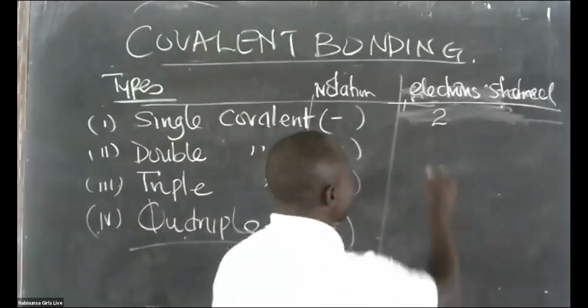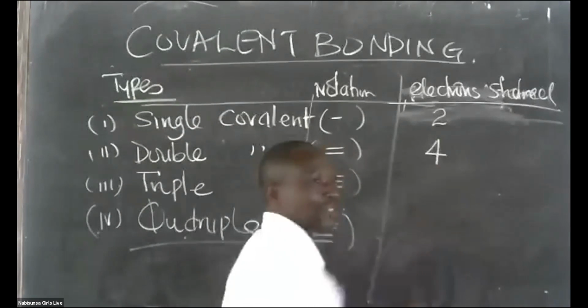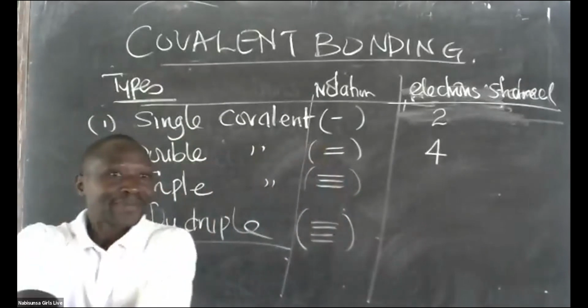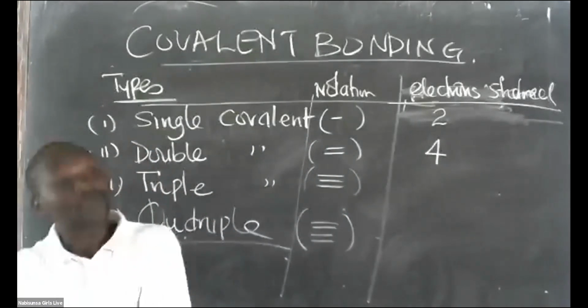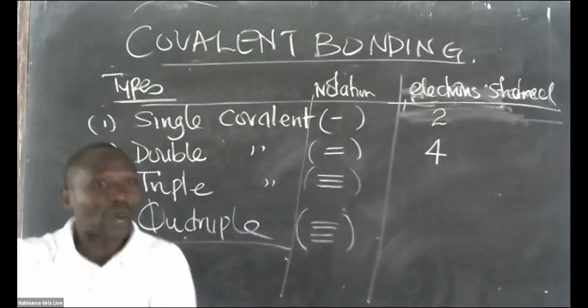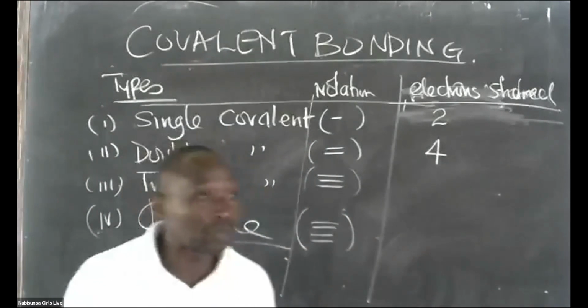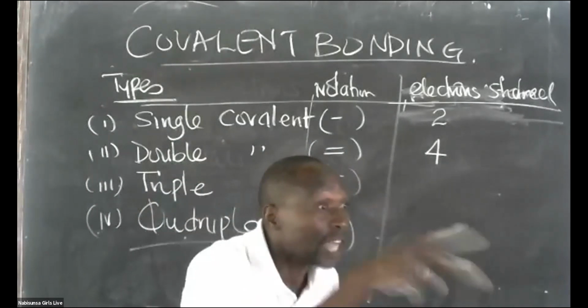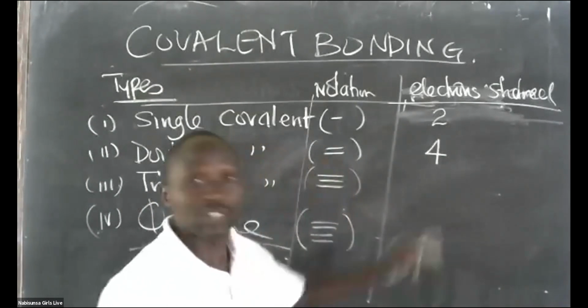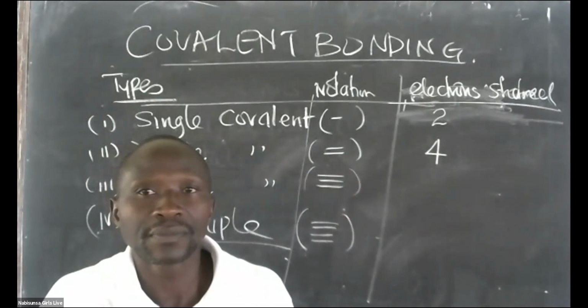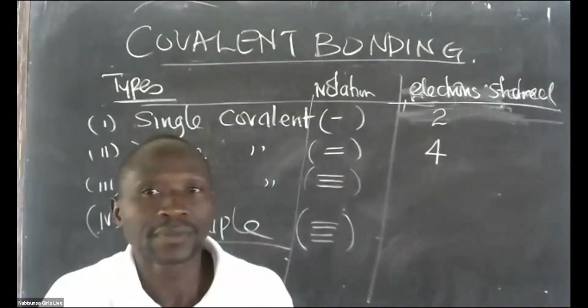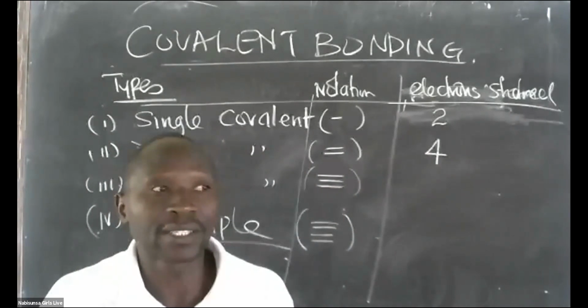It would mean that you need 4 electrons. Because the 2 forms 1. If there are 2 bonds, what will happen? 4 electrons. So what do you think? Here each atom contributes 2. Each atom, if there are 2, each contributes 2 electrons. You get it?